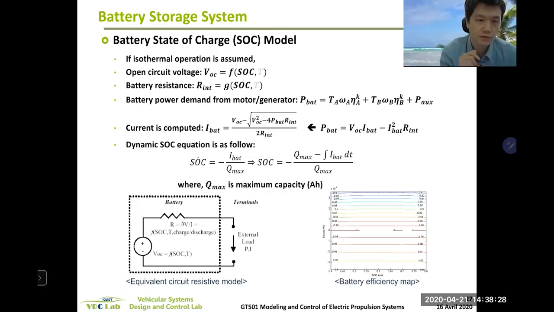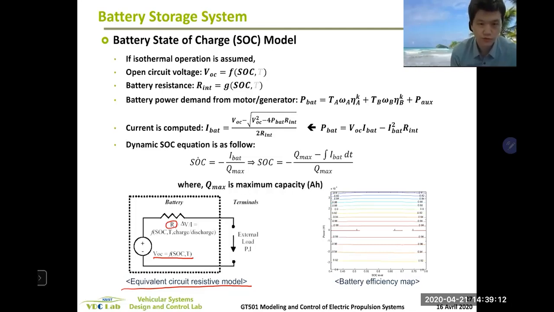If you take a look, there are many different types of equivalent circuit models. As you can see, this is called the equivalent circuit resistive model, and this one is one of the simplest equivalent circuit models you can find. It consists of two parts: an open circuit voltage, a voltage source, and a resistance.